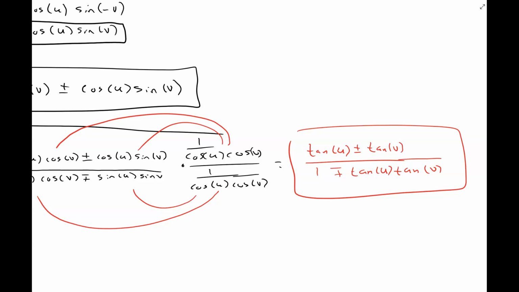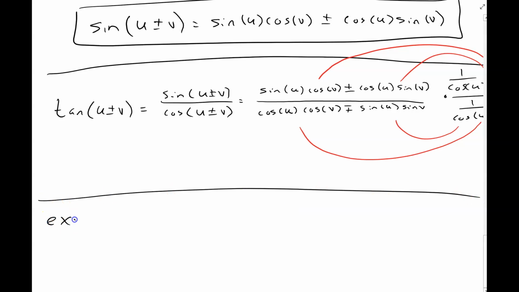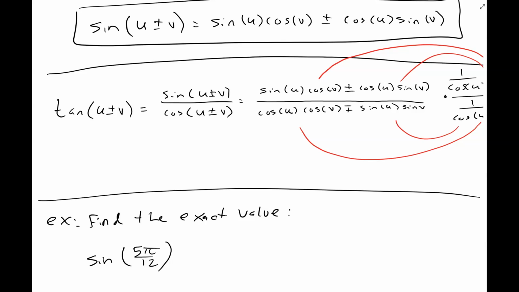So the problems that we're going to look at now, each of them, your main tool is going to be using one of these 3 identities. Okay? So let's say I want to find sine of 5 pi over 12.